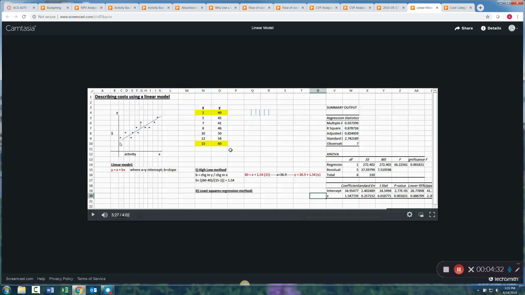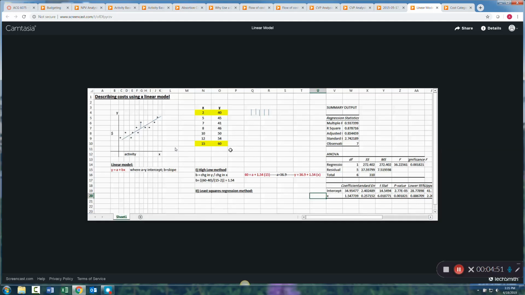In other words, the intercept right here is our fixed cost, and then the variable X is 1.54 or 1.55 per unit. For every unit that is increased, we get $1.55 more. So just an easy way for us to come up with the breakdown between variable and fixed costs.